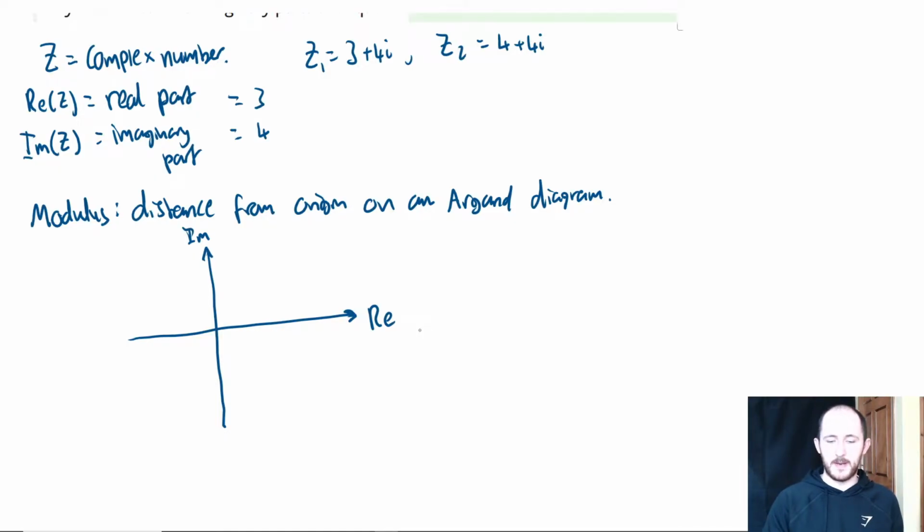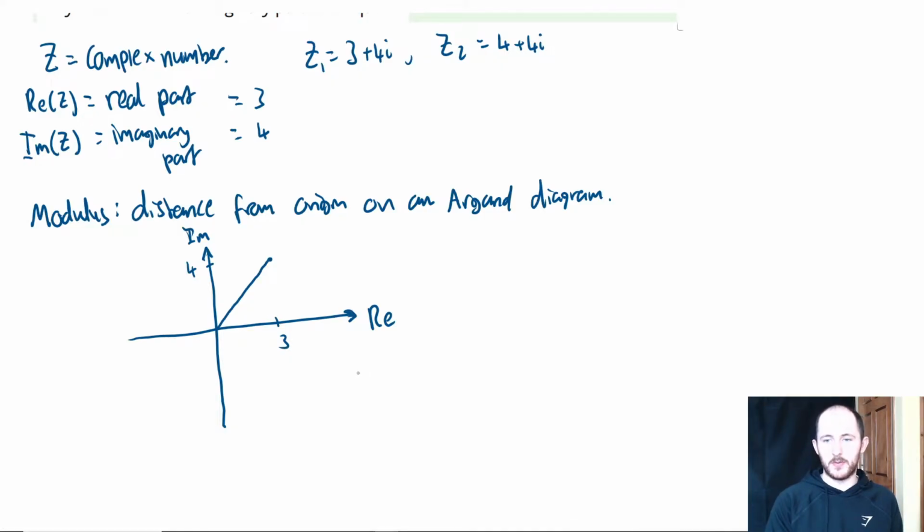So with our example here, where we had 3 plus 4i, it would be 3 across on the real axis and 4 on the imaginary axis, so we can say that that's 4, that's 3, draw a nice line, and then all it is is the distance from the origin. You may already know how to work this out. It's just Pythagoras, right? All you need to do is do this squared plus this squared and square root it.